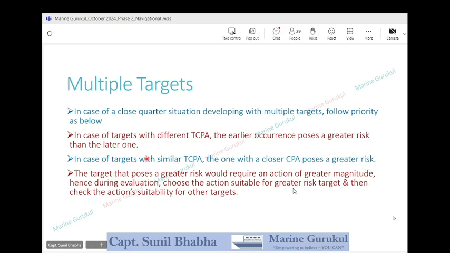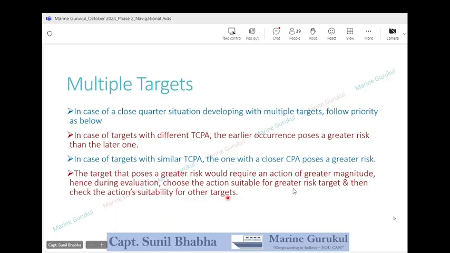Now, once you pinpoint the target which poses a greater risk, that target would require an action of greater magnitude. Hence, during evaluation, choose the action suitable for the greater risk target and then check this action's suitability for other targets also.